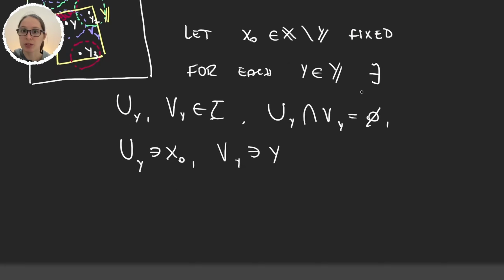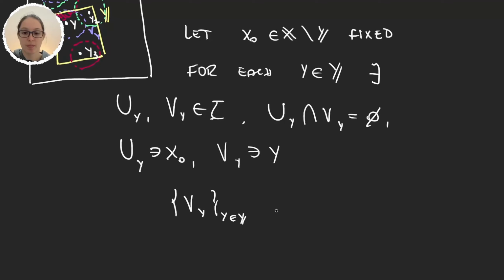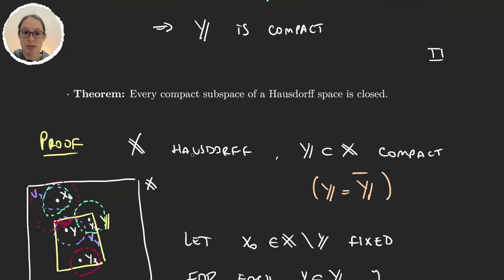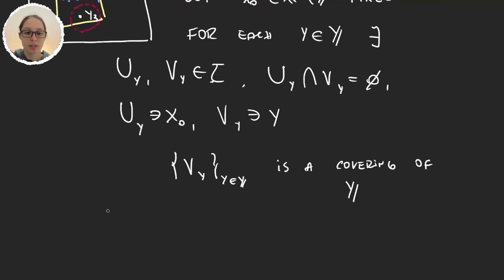Given that we have this for each y in our set Y, then the set of all the open sets B_y that we can find this way is a covering of Y. And Y, remember, is compact. So then we know that there exists a finite subcovering, let's call it B_yi, from i equal to 1 up to m.